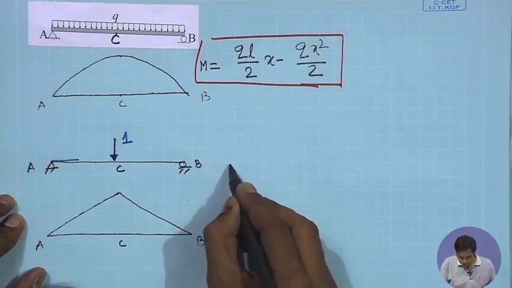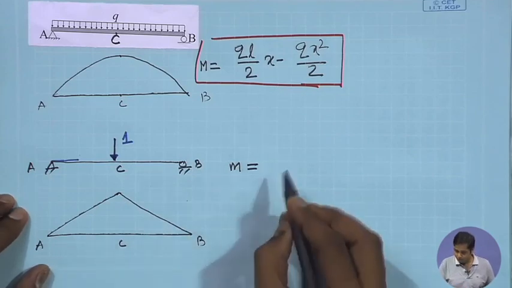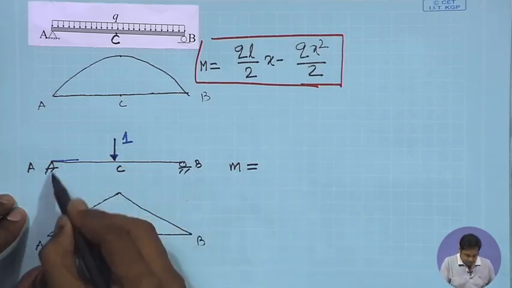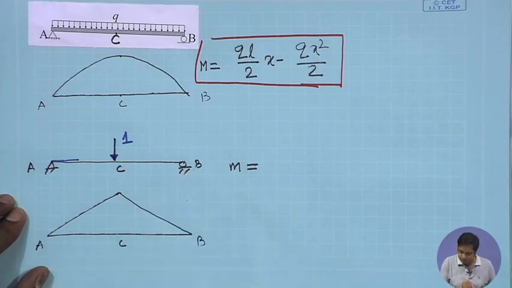That small m will be the unit load. So half will be the reaction, half will be the reaction here.